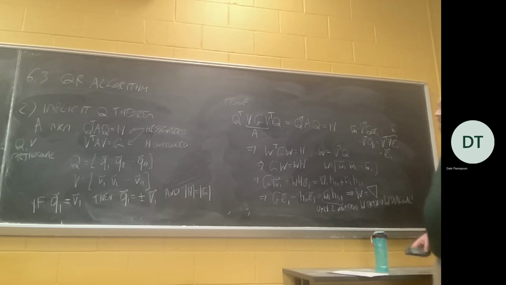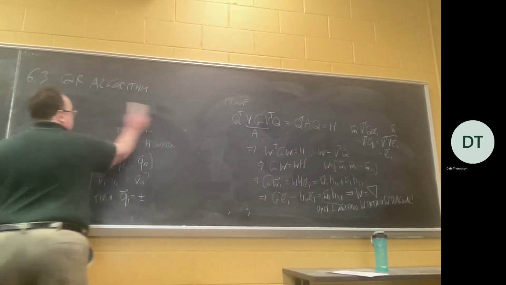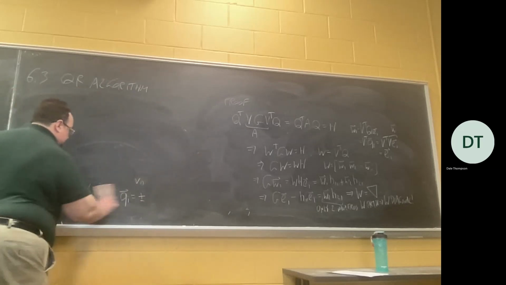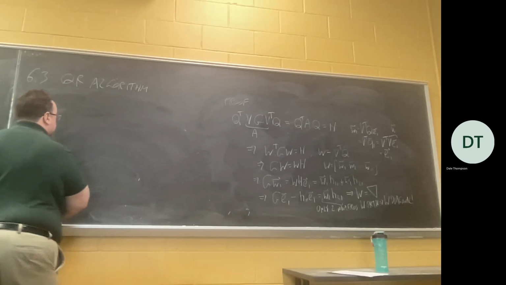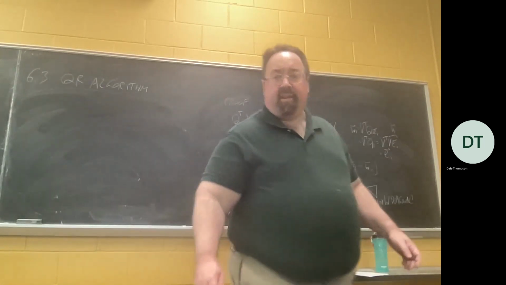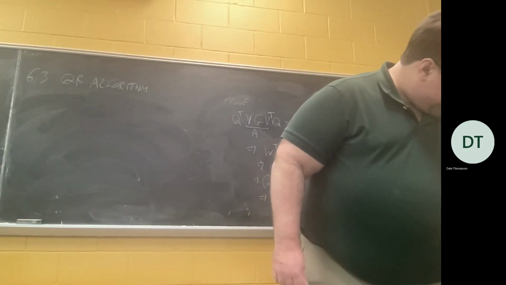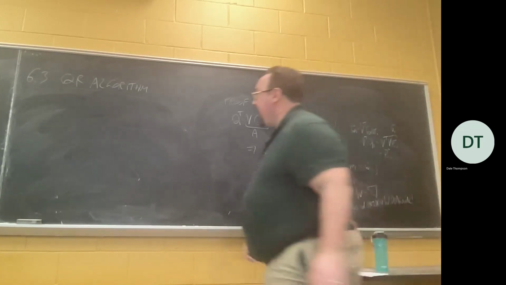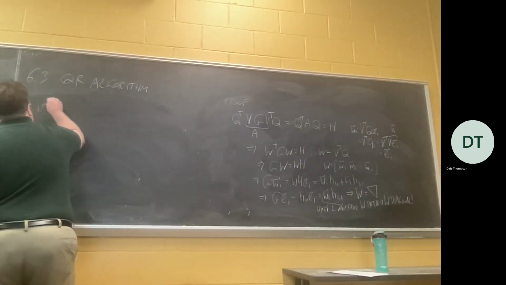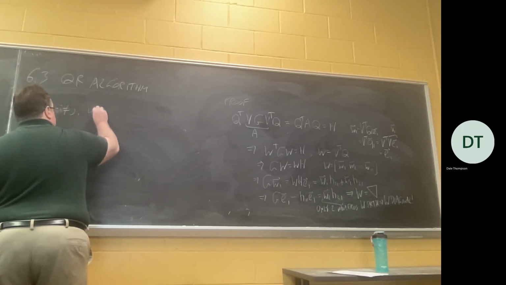So what can we conclude from that? If i is not equal to j, then Wij is 0.